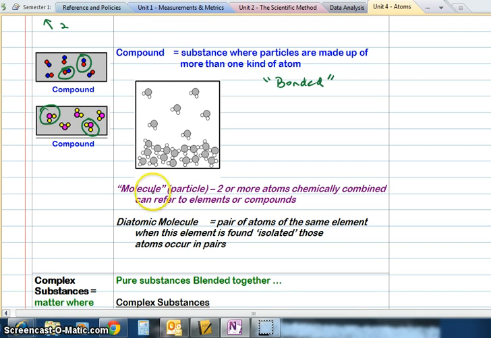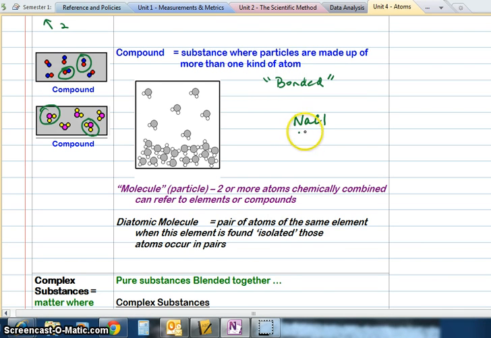People often use the terms compounds and molecules interchangeably. A molecule is any two or more atoms that are bonded, and it could be either elements or compounds. And compound refers to a specific type of bond, where there is more than one kind of atom. So a compound is like sodium chloride, which is table salt.